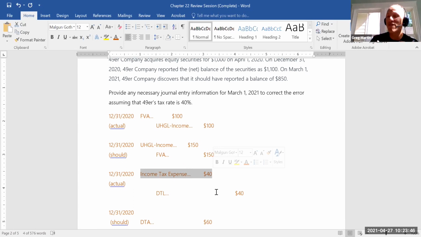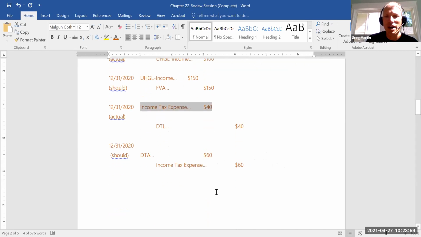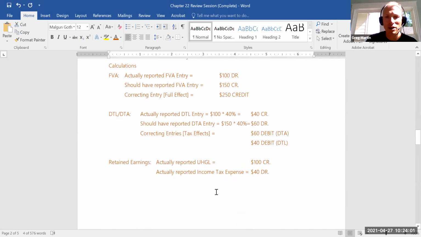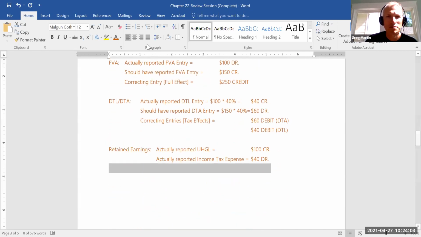So the effect really isn't in these accounts anymore because they've been closed. Their balance is zero and they should be zero. There's nothing wrong with these two accounts, but there is an error in retained earnings, and the net effect of that error on the retained earnings. What they actually reported was a net effect of $60 credit to retained earnings. That's the net effect to this account. Okay.